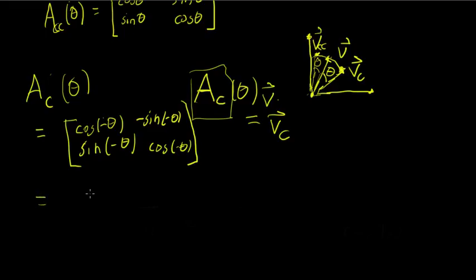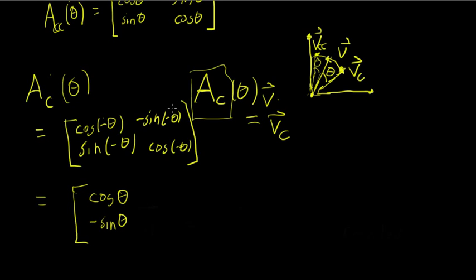Okay, hopefully you remember your odd-even trig identities. Cosine is an even function, so cosine of negative theta is equal to cosine of theta. Sine is an odd function, so sine of negative theta equals negative sine of theta.